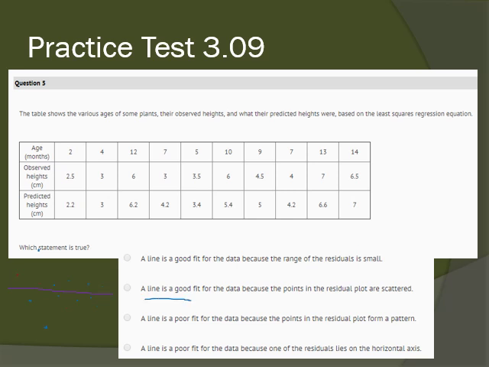Let's see, a line is a good fit for the data because the points in the residual plot are scattered. Next one says form a pattern. You don't need a pattern. It doesn't have to alternate. There isn't necessarily a pattern that needs to occur, just the fact that there should be some above and some below. But you might have, for example, let me erase all that.